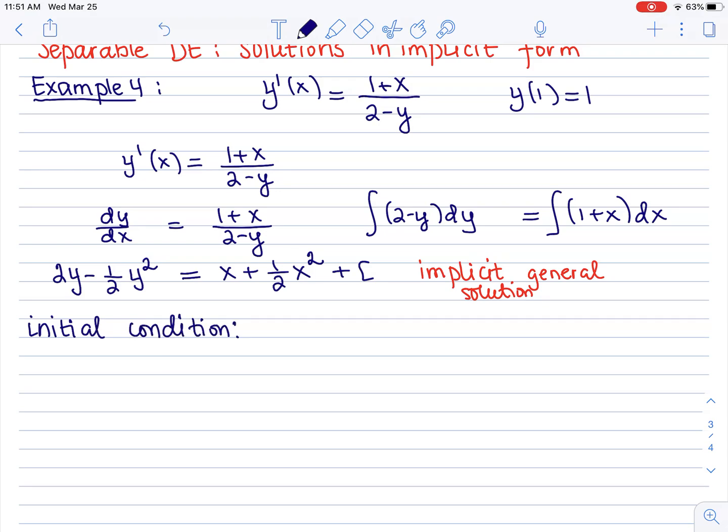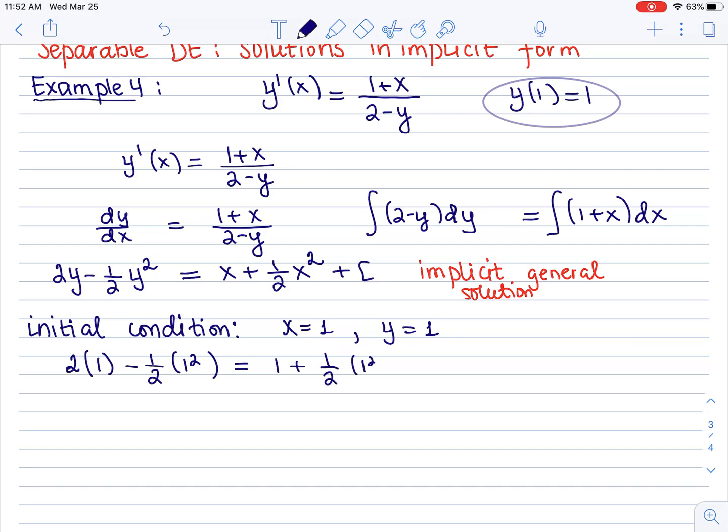So how do we use that? In this case, we plug in 1 for x and 1 for y. That is this condition right here, y of 1 is 1. So then we get 2 times 1 minus 1/2 1 squared is equal to 1 plus 1/2 1 squared plus c.